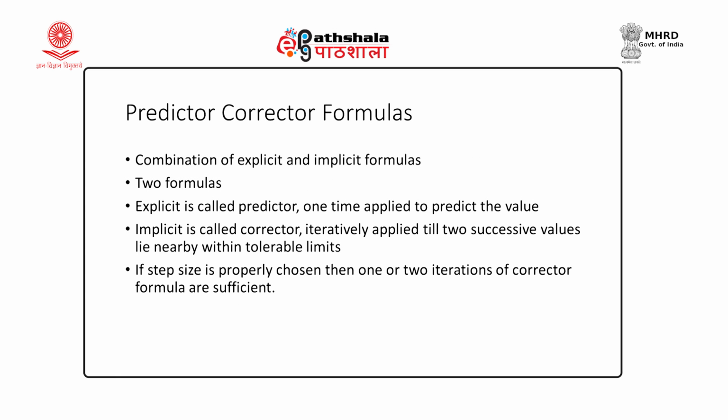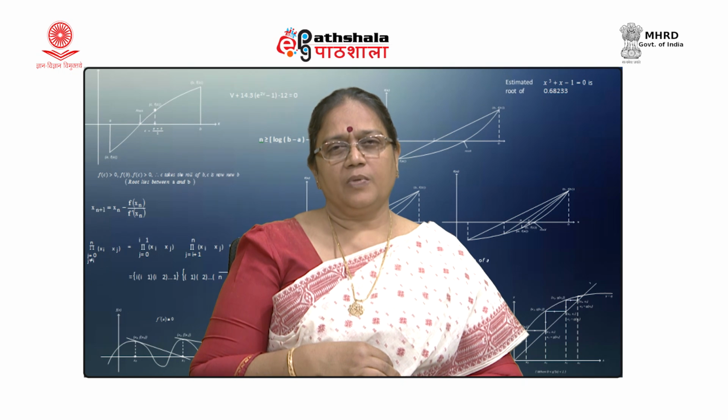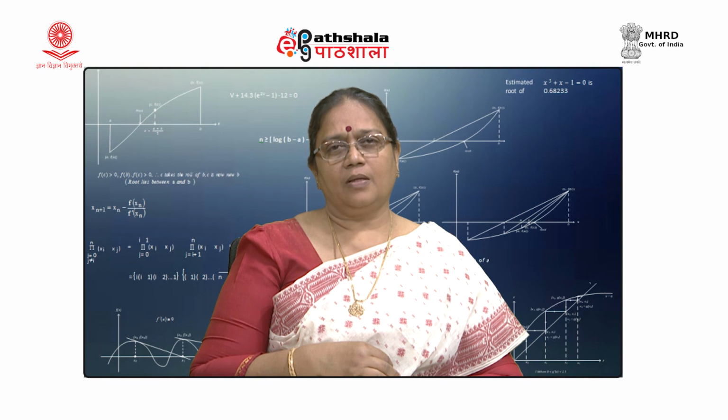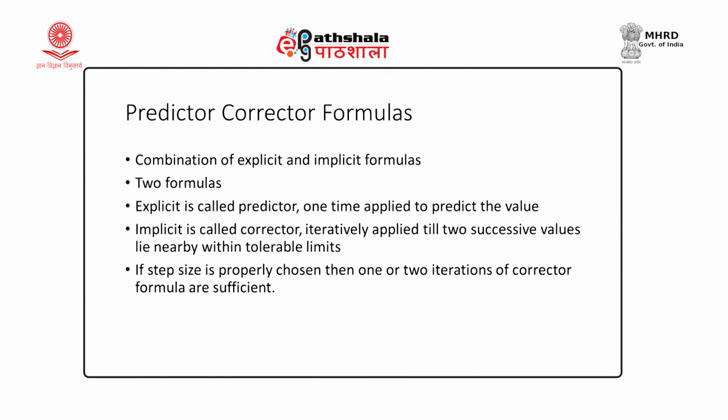As a result, we have a special case of multi-step formulas called predictor corrector formulas, a hybrid of explicit and implicit formulas. The explicit formula, like Adams-Bashforth, is used as the predictor, applied one time to predict the value, and the implicit one is called the corrector.